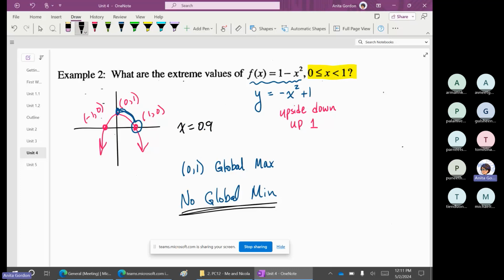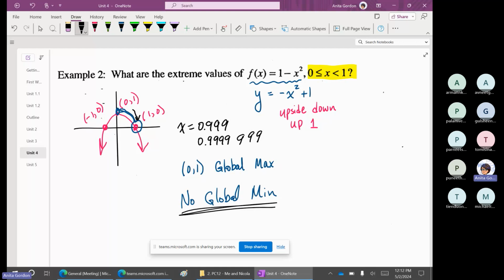x equals 0.999. Well, I can make it bigger. I can make it bigger. How many 9s would make it the minimum? Infinite. Right? So for any number that I can get approaching this 1, I can always find a number that's bigger, which means my y value is going to get closer to 0.